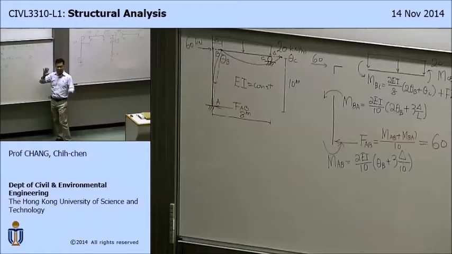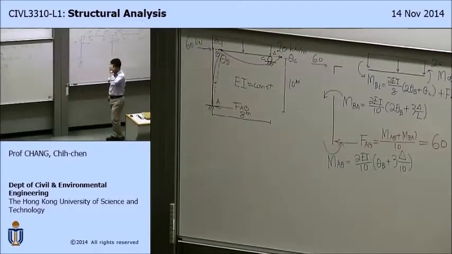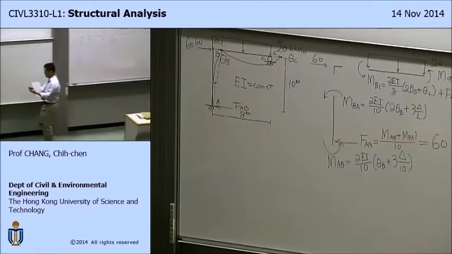Remember this: joint equilibrium, and if joint equilibrium is not sufficient, then you go to global equilibrium. Where do you get the equation from global equilibrium? Most likely from the calculation of shear force. So you go to the shear force calculation and come out with a global equilibrium equation. Okay, so just finishing this up. You can go home and verify this.